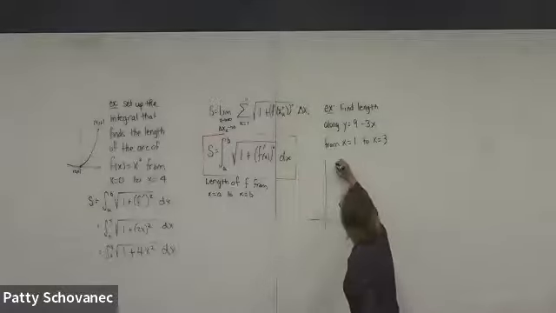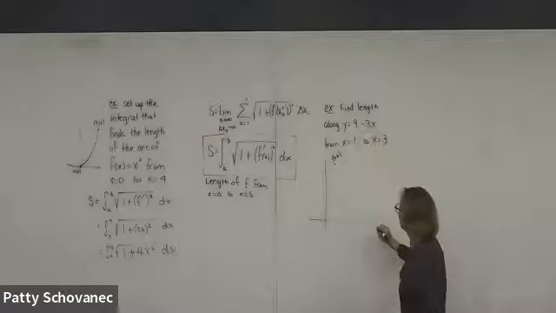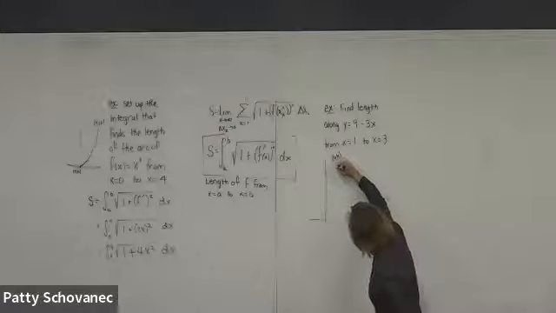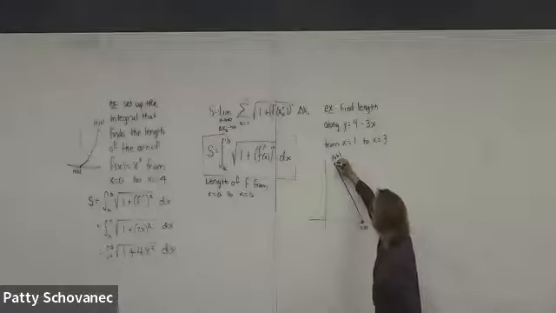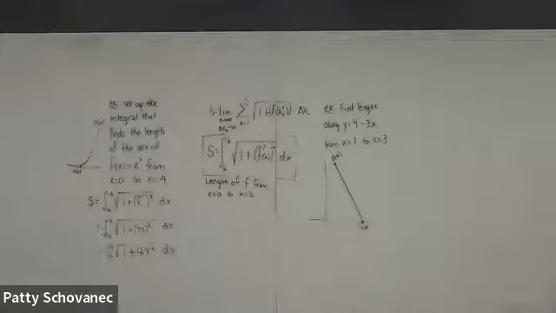Let's put 1, 6 right here. Because when x is 3, y is 0. So just use the distance formula first.